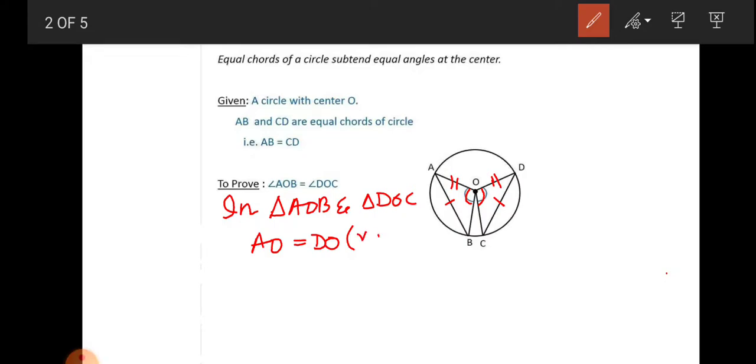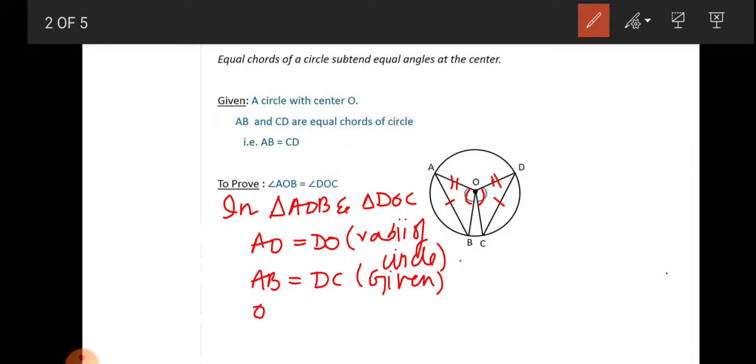Both are radii of the circle, and we know radii of a circle are equal. AB is equal to DC, given to us, and OB is equal to OC, as they are also radii of the circle.